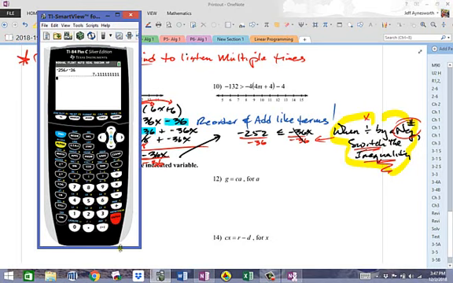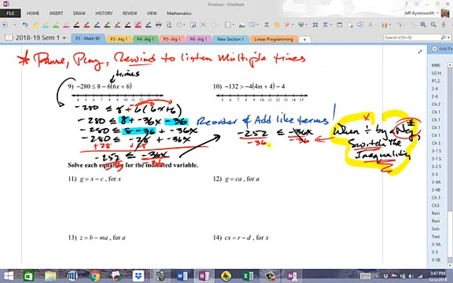Then hit go. Oh, I typed it incorrectly. I put in negative 256. Let's start over: negative 252. A calculator is only as good as the person typing in the numbers. Good input, good output. Bad input, bad output.